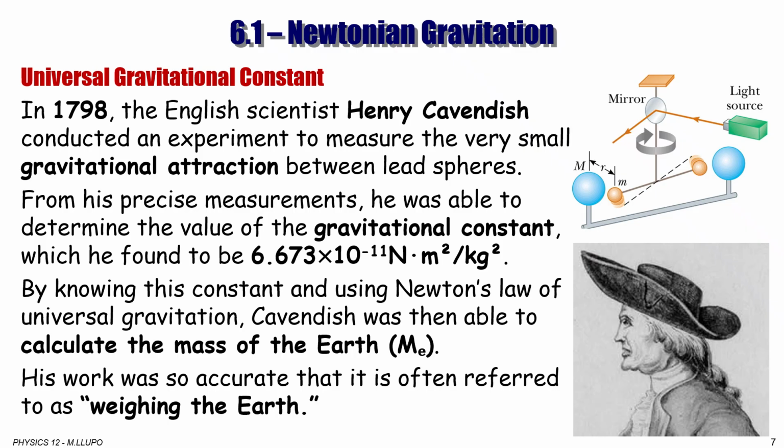Then he approached those two small masses with a pair of big masses. As those masses approach each other, the force of attraction between each pair of masses is applied, which made that elastic rod twist. As the elastic rod twists, the mirror will change its position, twist as well, so it will reflect that point of light to a different location.